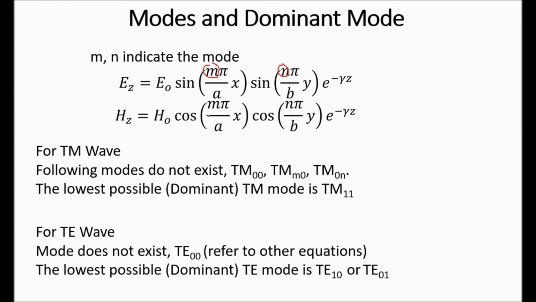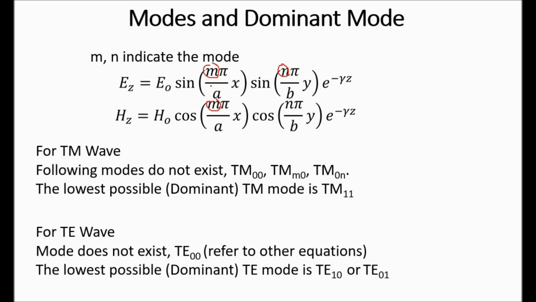For example, if m is equal to 1 and n is equal to 0, the mode is called the 1 0 mode. If m is 3 and n is 2, that mode is called the 3 2 mode. So the values of m and n are integers, and these integers indicate the mode number.